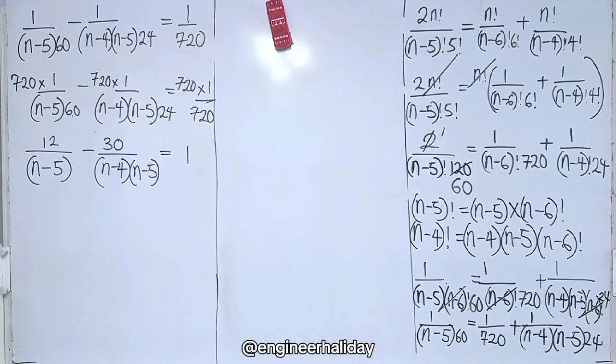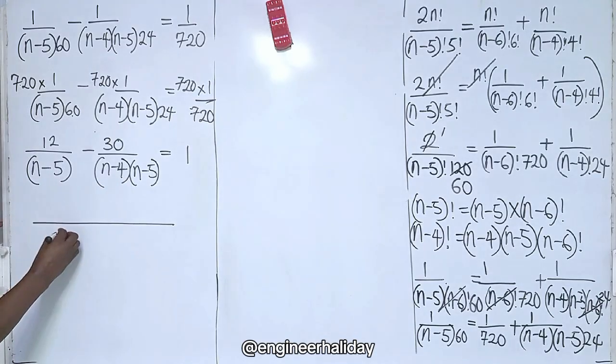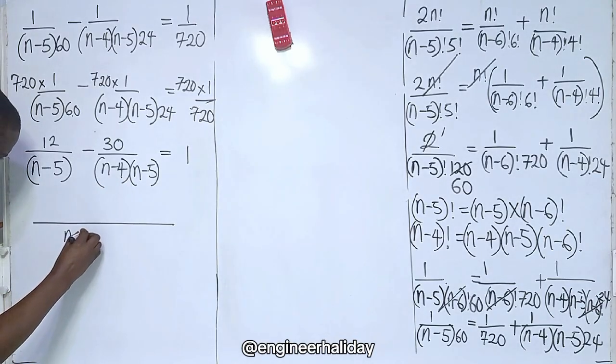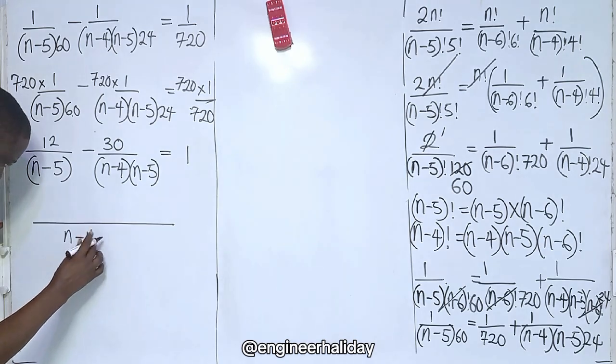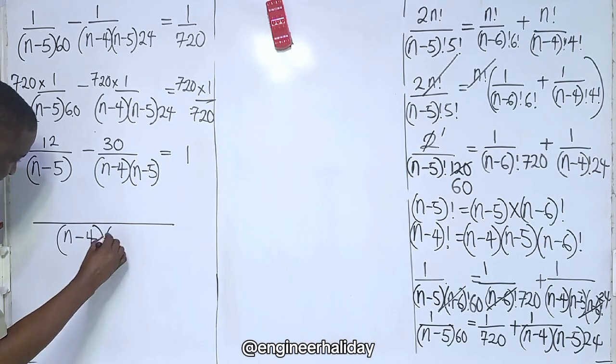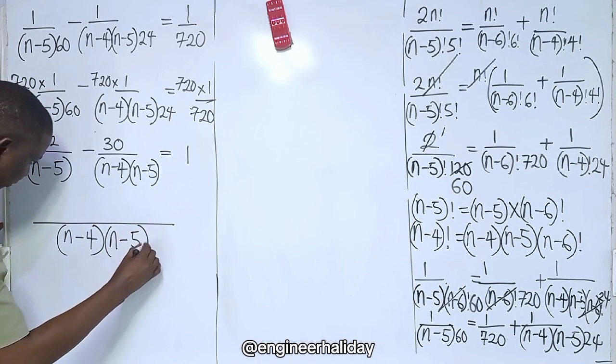Now, having done that, what we're going to do next is look for the LCM. What is the LCM of these two? It is n minus 4 times n minus 5.